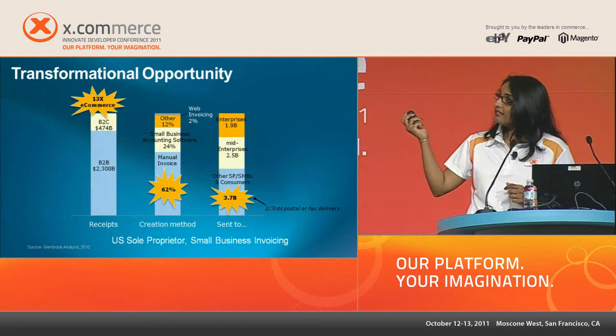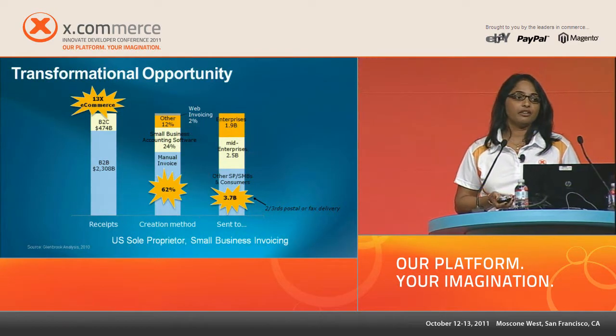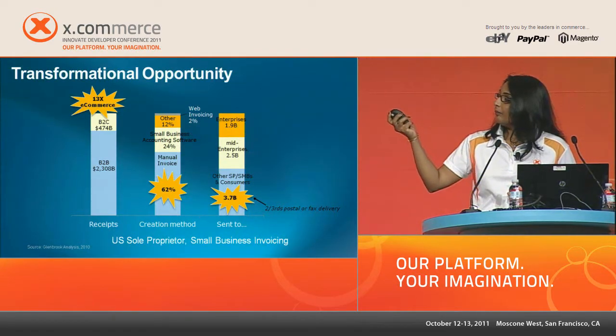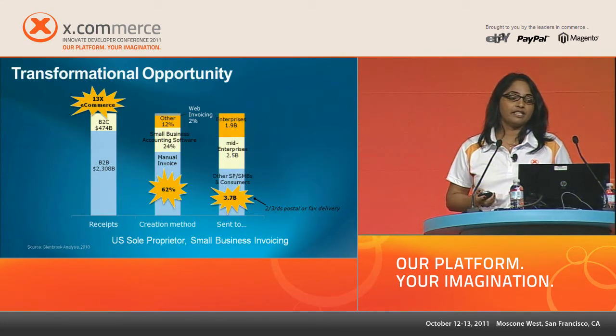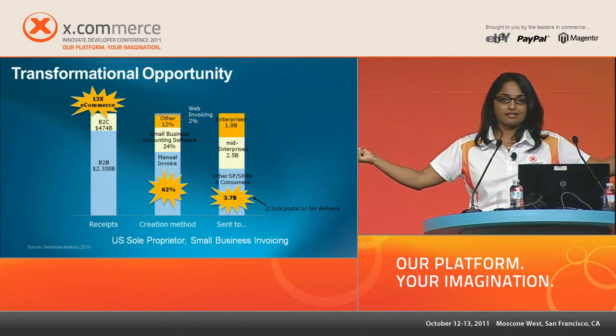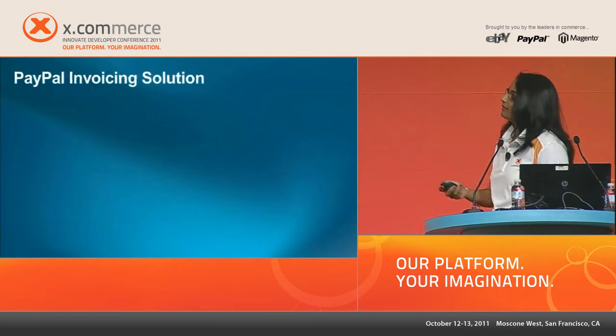So here is really the transformational opportunity that we want to address, and this is just the sizing of U.S. sole proprietor and small business. Obviously, this is big in the world's invoicing population.